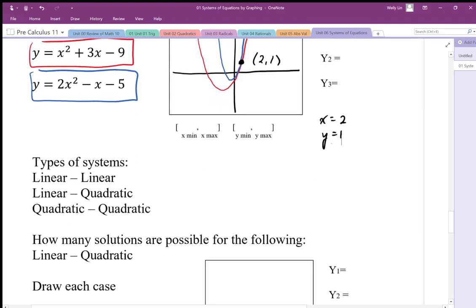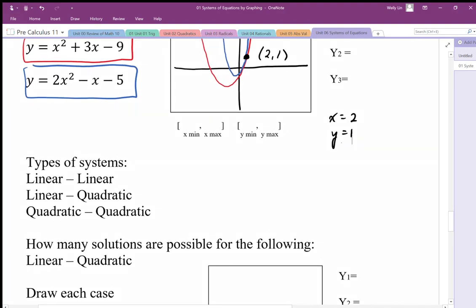The types of systems we're going to encounter in this unit are linear, linear quadratic, and quadratic. In a linear system, we have two straight lines, one line and another line, and we just get one solution of x and y.